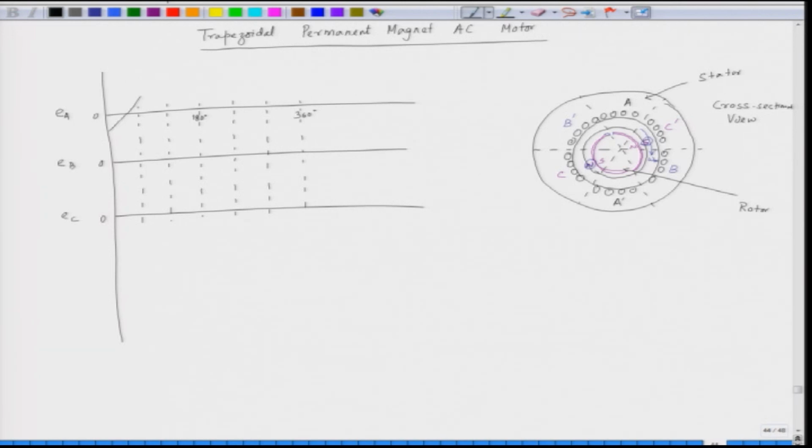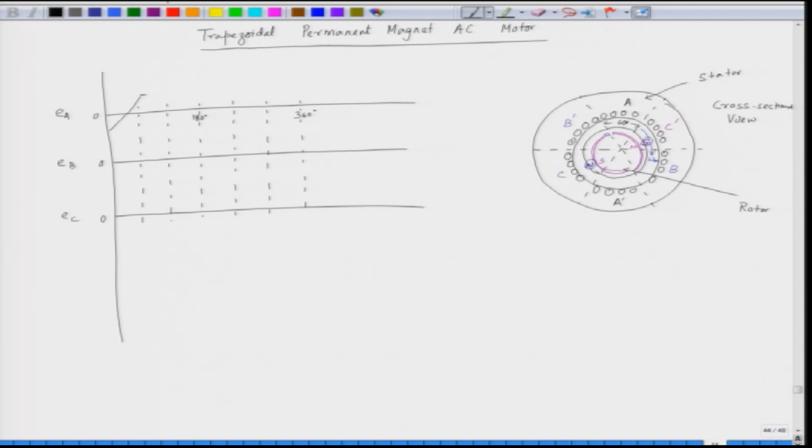After 60-degree, the whole of the north pole is under phase A. The south pole will be completely out, because the phase spread here is only 60-degree. This angle is 60-degree here. Then the north pole spreads for 180-degree, 180 minus 60 is 120.